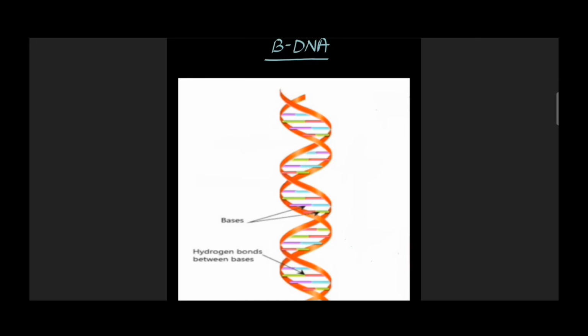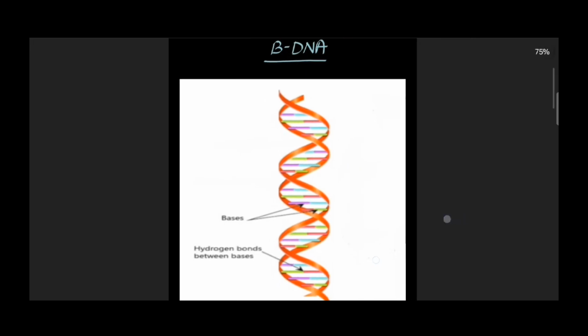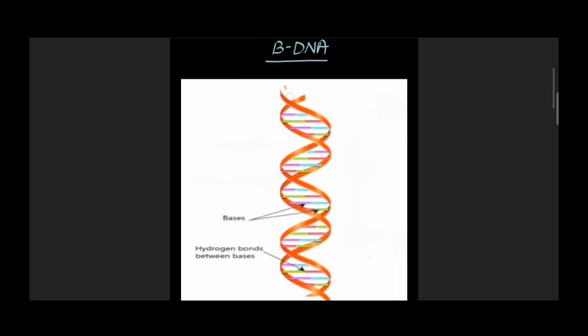So let me first try to tell you what exactly this figure is trying to tell you. As you can see, the DNA is present in a right-handed manner, right? So it is present in a right-handed manner, and it is going in an anti-clockwise direction.